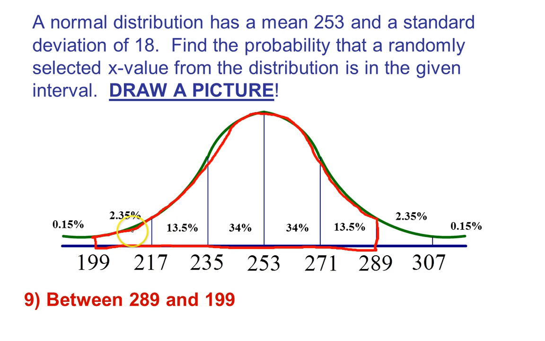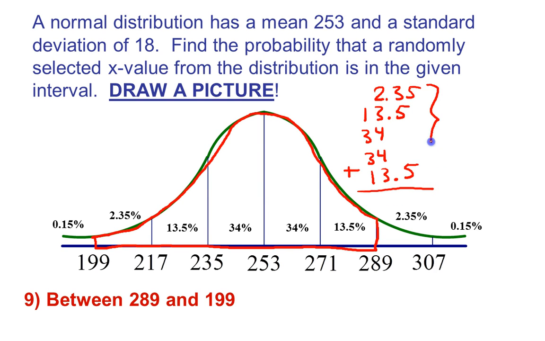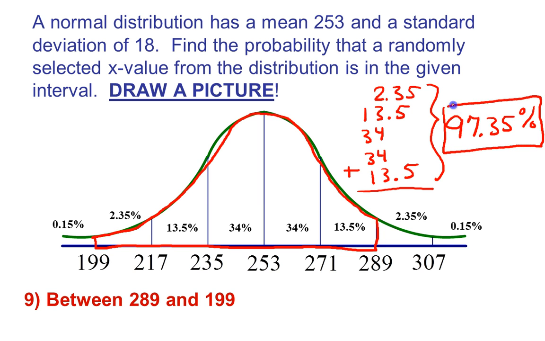Okay, so I could just add these 5 numbers up. So if I do that, alright, if I add up all those numbers, what I get is 97.35%. Alright, please do not forget the percent symbol.